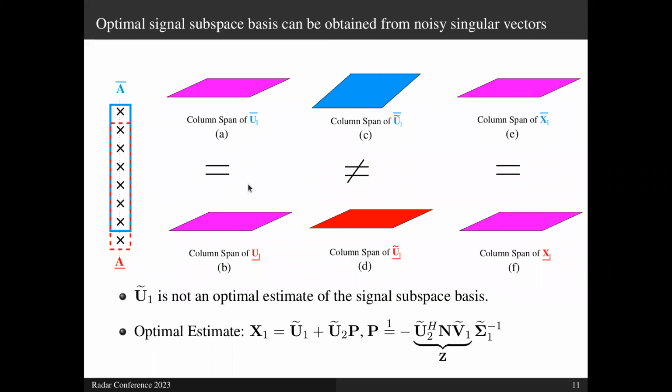But the good news is that we can use these inaccurate signal singular vectors and singular values, and based on that, we can get an estimate of the signal subspace basis, which we denote as X1. So X1 can be evaluated in terms of the available U1 and the singular values, and this estimate is going to be accurate up to the first order term in the noise matrix.